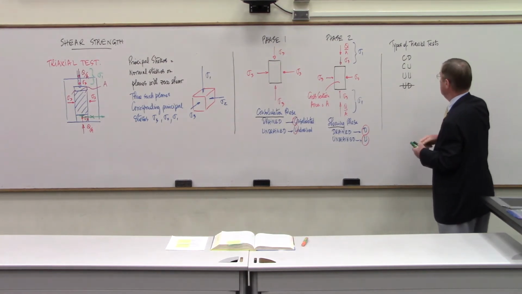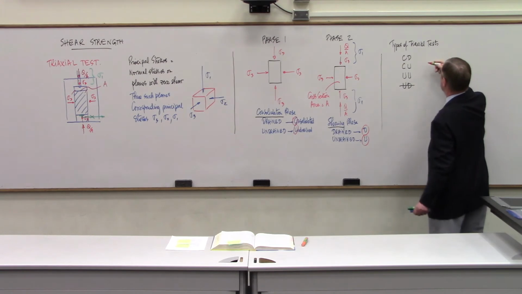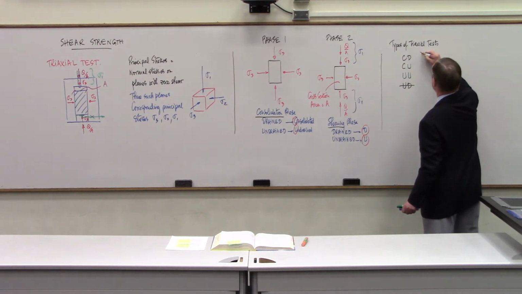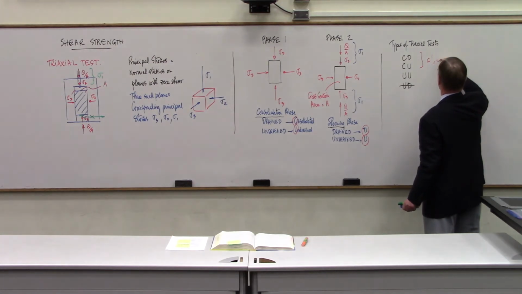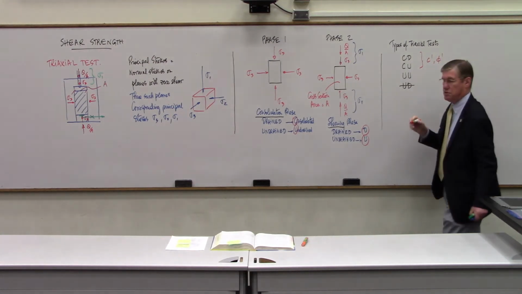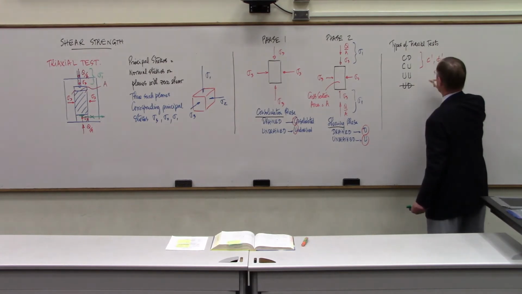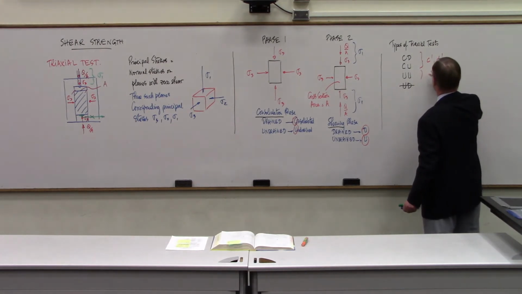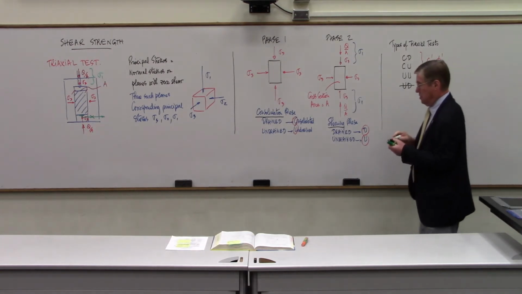Typically, we will use the CD test and the CU test to obtain C prime and phi prime. I think I've called them C and phi in the previous lecture. And then this one, we typically use it to obtain the undrained shear strength of the soil.